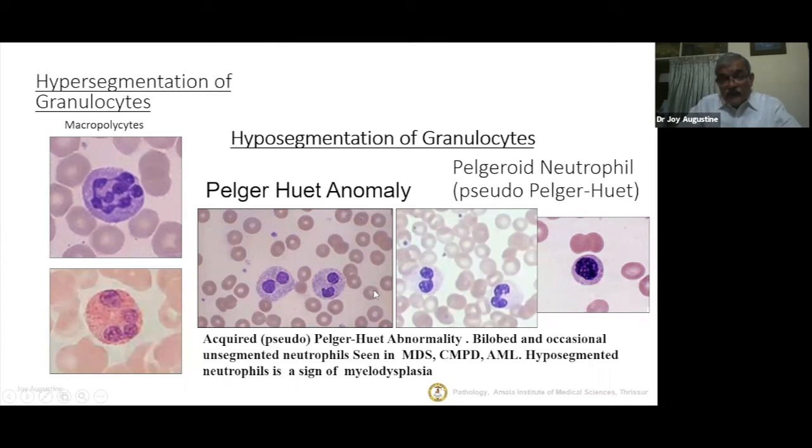So that point you have to remember, the patient may be totally asymptomatic, and this may be seen in a routine blood smear. Now you can get this sort of appearance, hyposegmentation, in myelodysplastic syndromes and leukemias. So this is supposed to be one feature of myelodysplasia. So you have to keep this in mind.